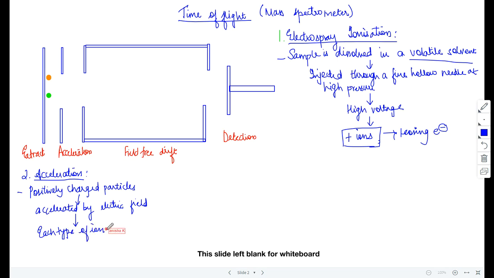So is kinetic energy involved with acceleration? Yes. Okay. With the same kinetic energy. Now if suppose I give you an ion that has a very high mass, what will happen with their acceleration?